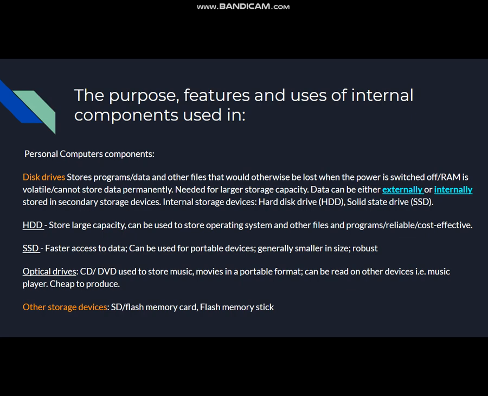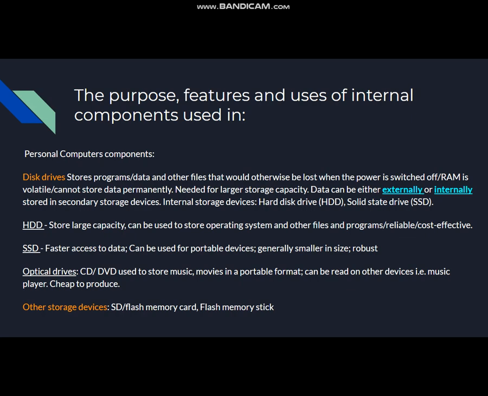They are faster than the hard disk drive because they don't have any moving parts. All content is stored on a microchip, a bit like a USB. And because of that, they are smaller in size. And so our mobile devices, such as a tablet and mobile phones, have SSDs in them because they are portable. So when we're moving them around, it doesn't get affected by the movement.